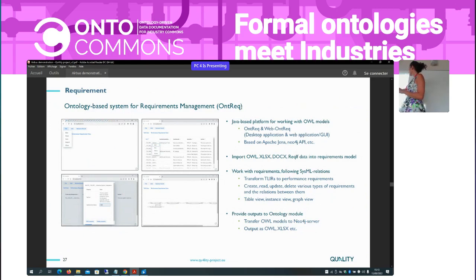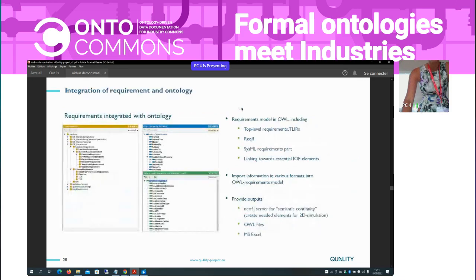It was also following relationships on how to cascade these top-level industrial requirements into performance requirements, and it has a small loop to create, update, and review the different requirements that were defined. It provided output as OWL and XLS through the system integration block to integrate the data.